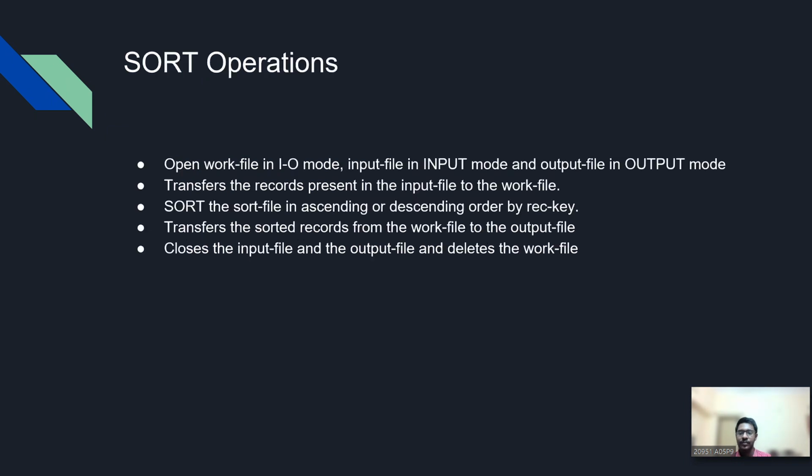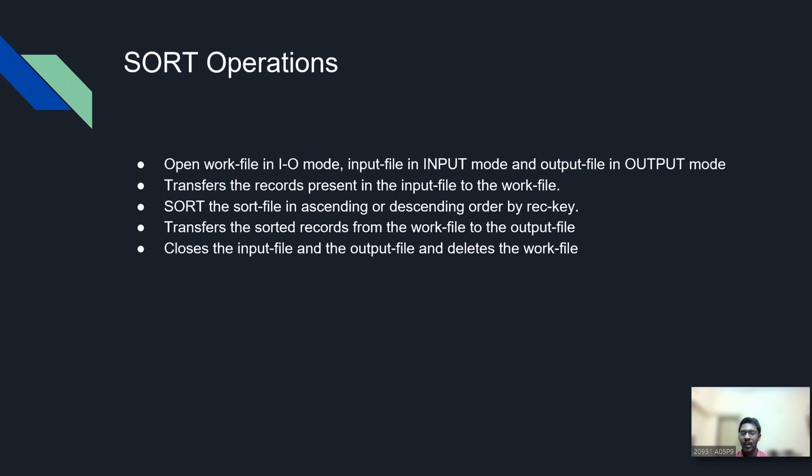So moving on, sort operations. The sort operation opens a work file in input-output mode, where the input file is as mentioned earlier, and to get the output file, we need to mention output.